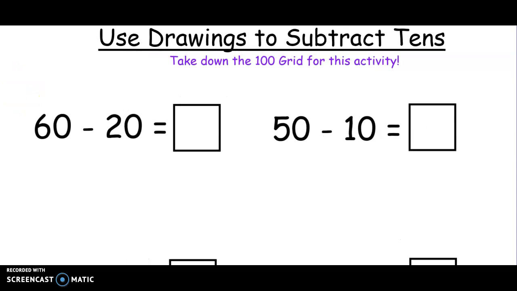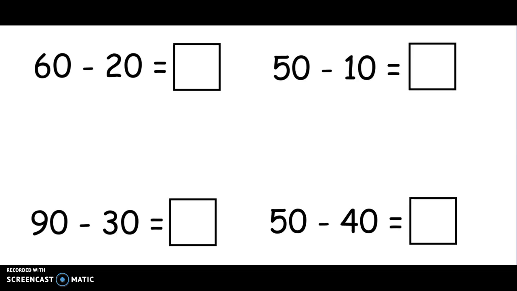Here we go. This is what we're looking for. So let's do 60 take away 20, and this time we're going to use our 10-stick drawing. So we're going to, first of all, draw 6 10s. Okay? 1, 2, 3, 4, 5, 6. Now, in order to show that we're taking them away, we're going to cross them off.